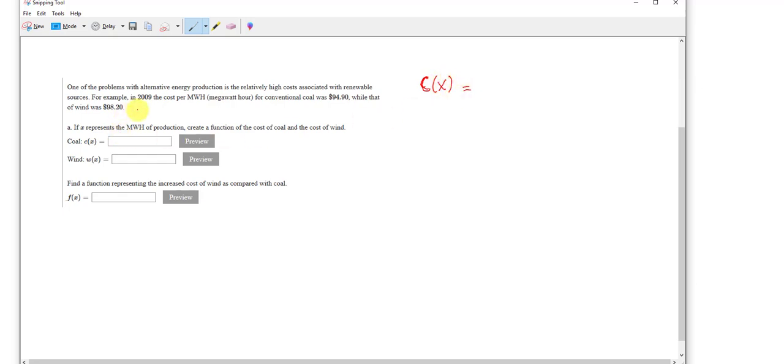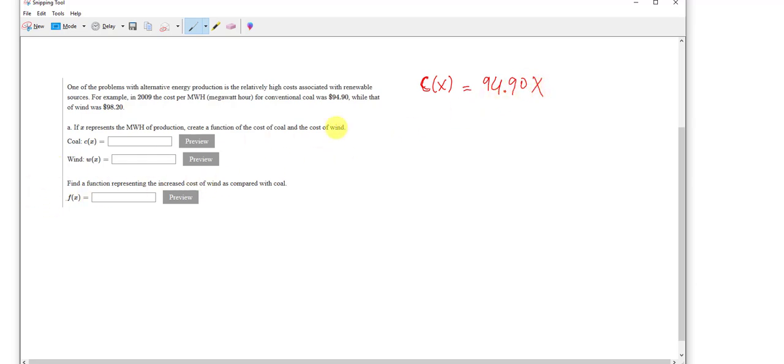In this case, we know that the cost per megawatt hour for the coal was 94.90. That means for each megawatt hour, it takes you 94.90. So the cost for that is 94.90 of X, or multiplied by X. Because if you just spend 1 megawatt hour, then it takes you this much money. If you spend 2, then you multiply that by 2, or 3 by 3, and so on.